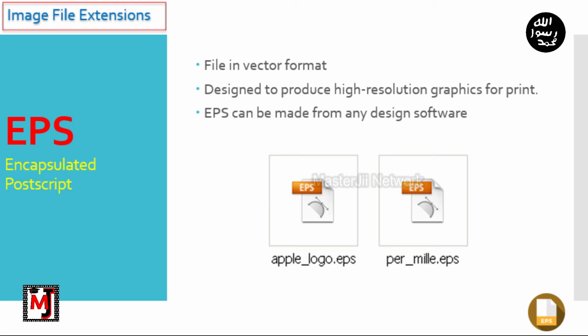The EPS extension is more of a universal file type, much like the PDF, and you can use it to open vector-based artwork in any design editor, not just the most common Adobe products. This safeguards file transfer to designers that are not yet utilizing Adobe products, but may be using CorelDRAW.